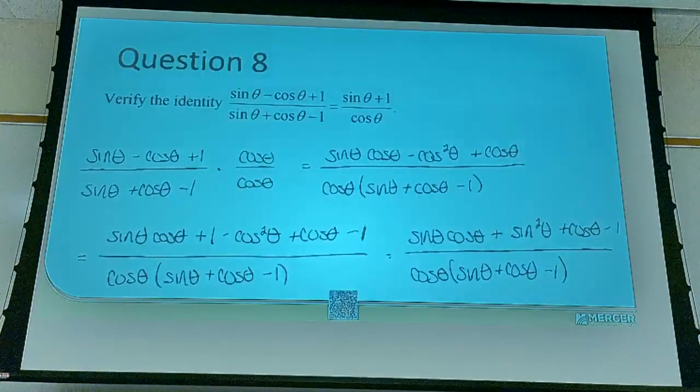Or at that point, just say, okay, well, there's my left-hand side. Now try and get the right-hand side to be that form.